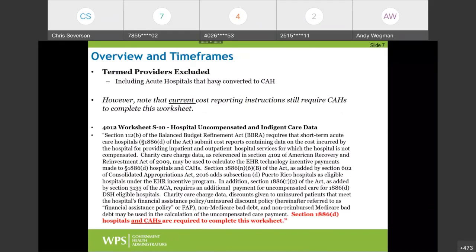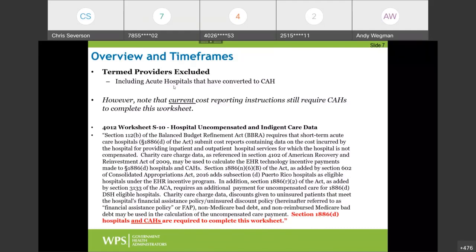Now, here is one thing I do want to mention. The whole point here is to get a rate that's going to be used for future payment. And again, the data itself, the national data, is important because every hospital gets a share of that national pool. So they need accurate data nationally in order to get an accurate share per hospital.